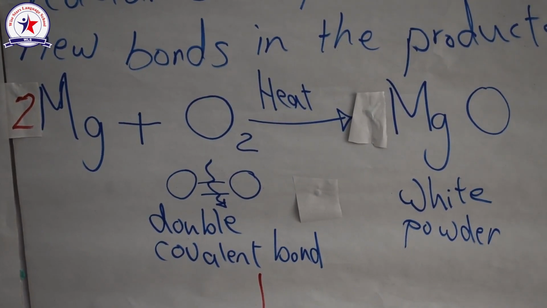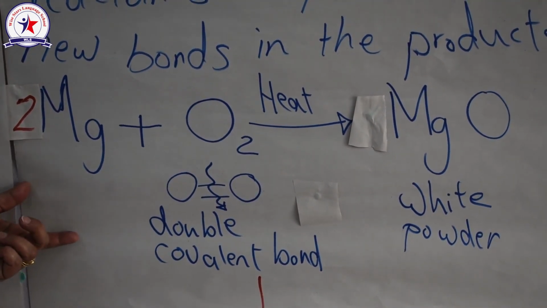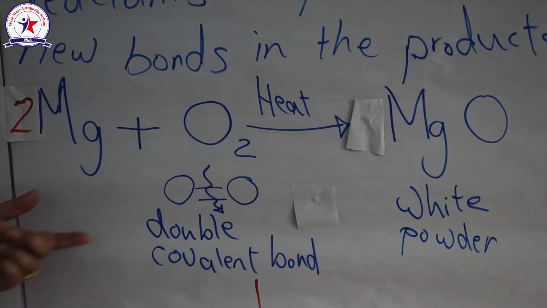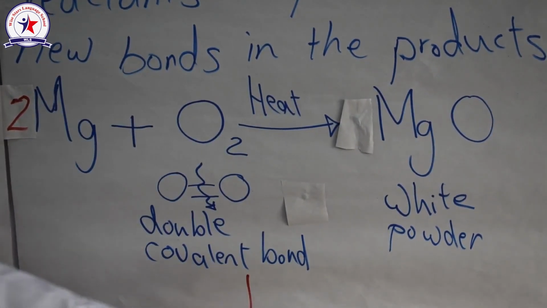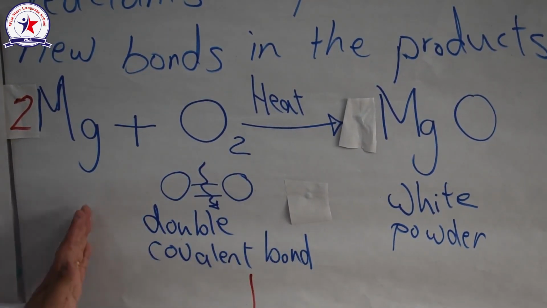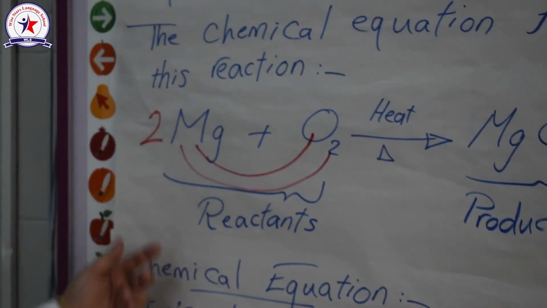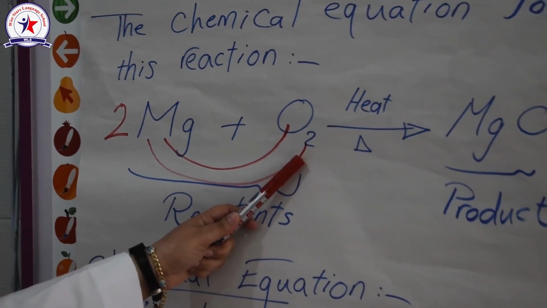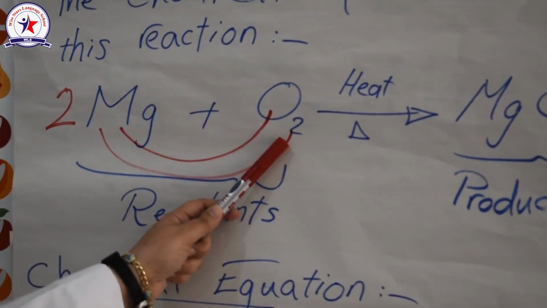Now we have a very important rule. This rule says that any chemical equation must be balanced, like a balance. The two pans or the two sides must be equal. So when you take a look at this equation, again, we said that each oxygen atom combines with one magnesium.